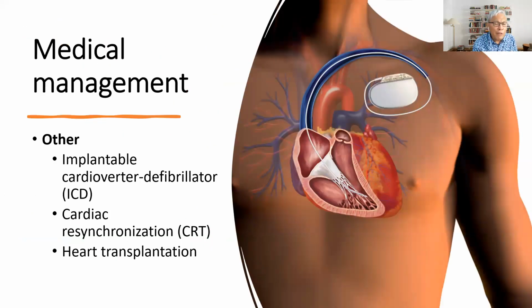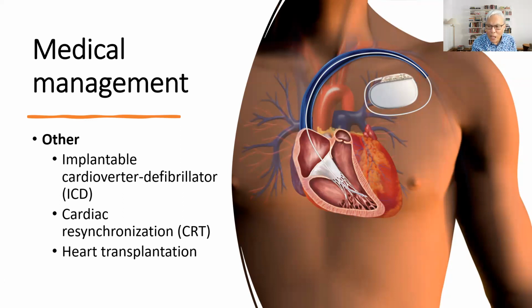So there are other interventions, by the way, that we could do in order to help patients with heart failure. And one of them is an implantable cardioverter defibrillator. It does not help to treat the heart failure, but because these individuals are going to have higher incidence of sudden cardiac death, we therefore are going to have this as an adjunct to the treatment.